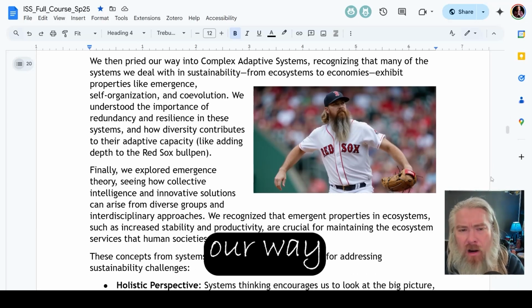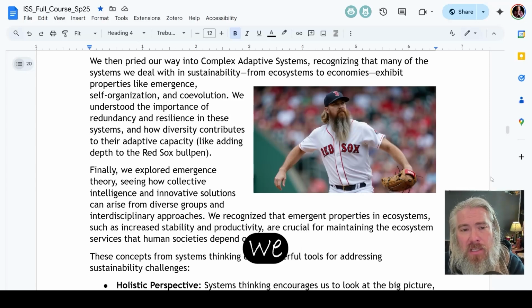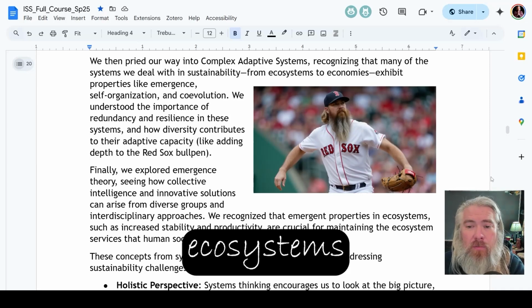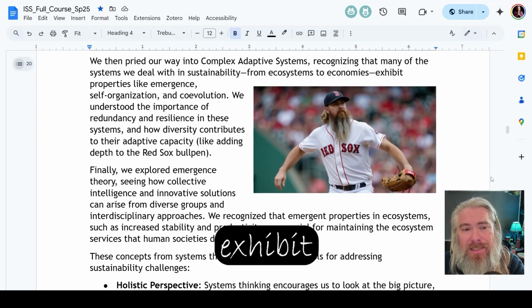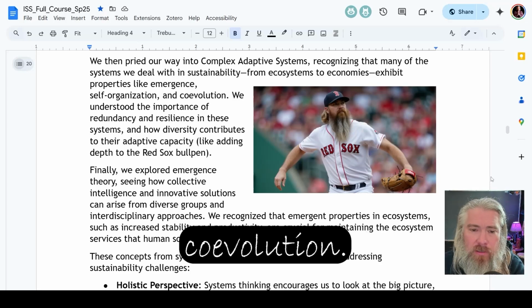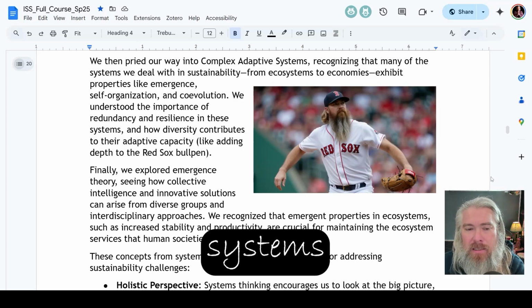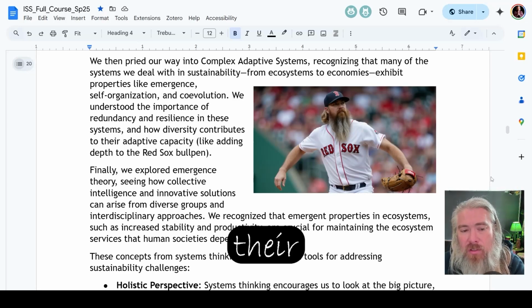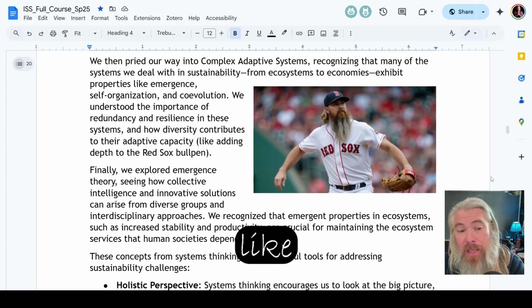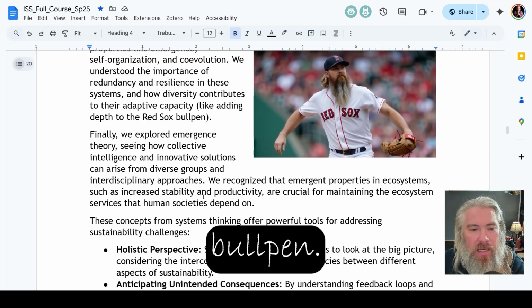We then delved into complex adaptive systems, recognizing that many of the systems that we deal with in sustainability, from ecosystems to economies, exhibit properties like emergence, self-organization, and co-evolution. We understood the importance of redundancy and resilience in these systems and how diversity contributes to their adaptive capacity, like adding depth to the Red Sox bullpen, or maybe even the Fitchburg State bullpen.